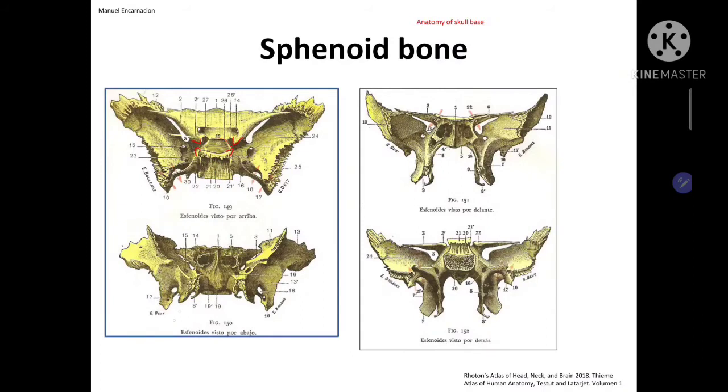So now we go with the inferior surface. Okay, so in this surface you see, number 1, in the middle line, the sphenoid crest, which is housed in the vomer channel. In the anterior surface, it is called the peak of the sphenoid, or sphenoid rostrum.